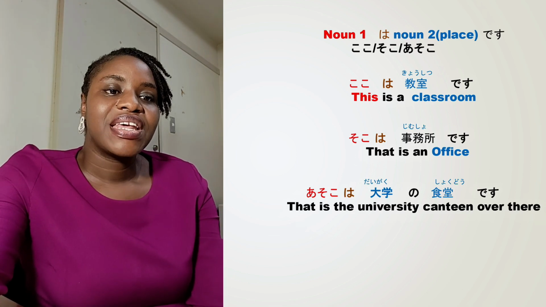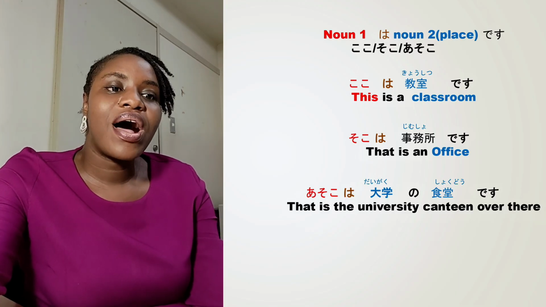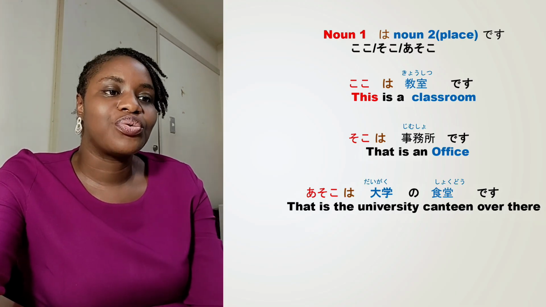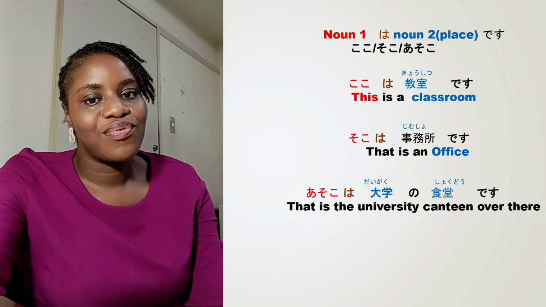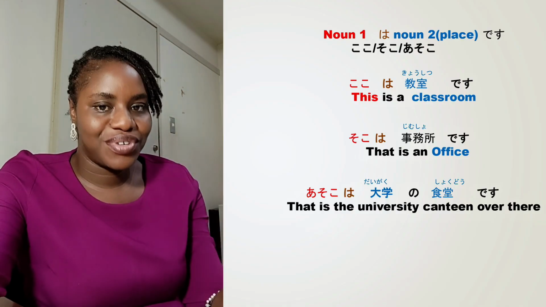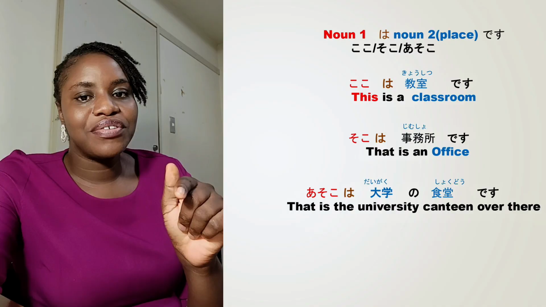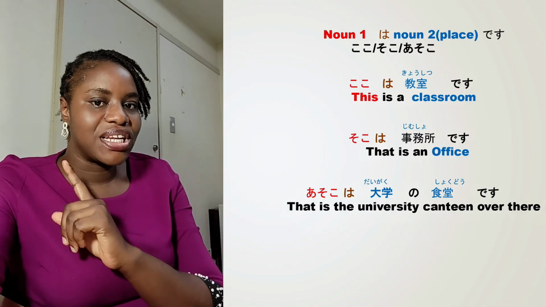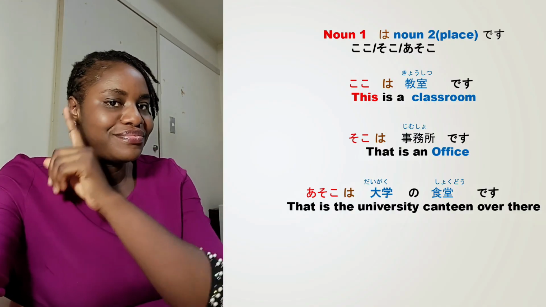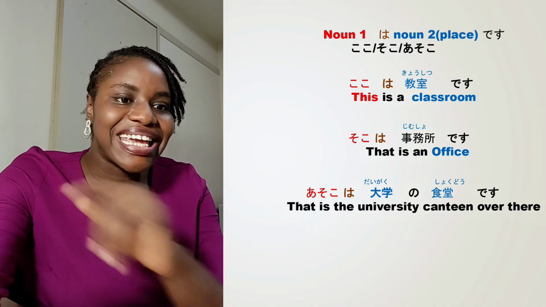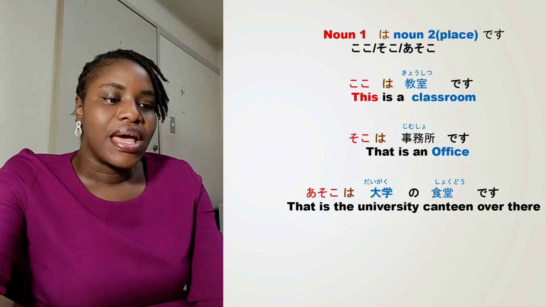Then the next one, asoko wa daigaku no shokudo desu. Remember no? When we have something of something. So daigaku, this is like the canteen of the university. That was what we learned in lesson 1. If you've not watched the video, the bumpo, check it up here and go and watch it.